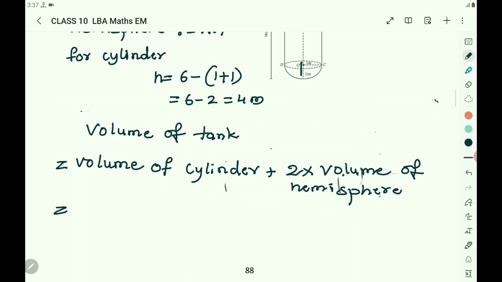Volume of cylinder is pi r square h, plus 2 into volume of hemisphere, which is 2 into 2 by 3 pi r cube.